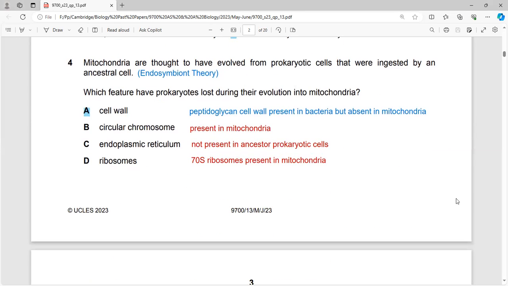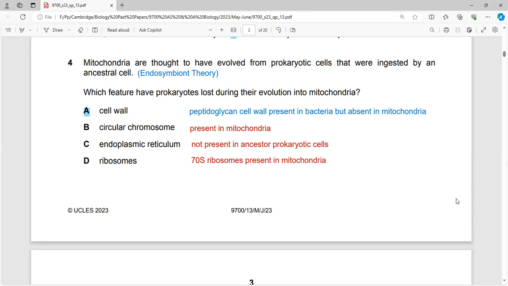Question number 4: the mitochondria are thought to have evolved from prokaryotic cells that were ingested by an ancestral cell. According to endosymbiotic theory, the ancestral cell ingested bacteria. Some bacteria were performing photosynthesis and later became chloroplasts, and some bacteria were producing energy, so later they became mitochondria.